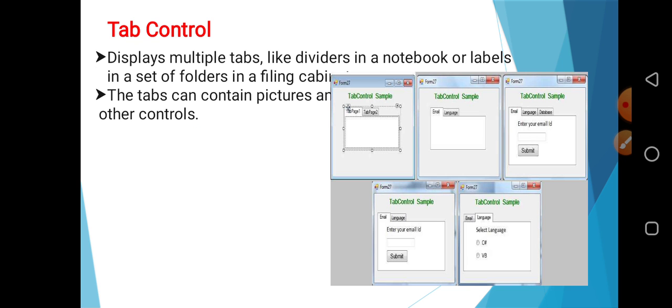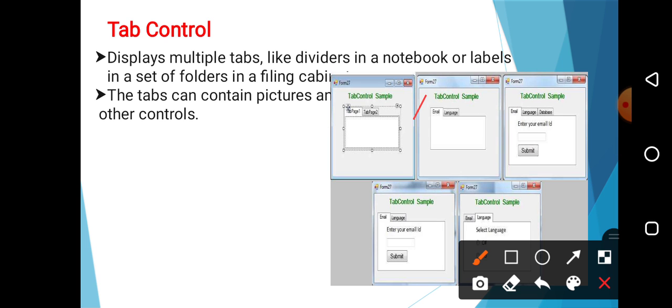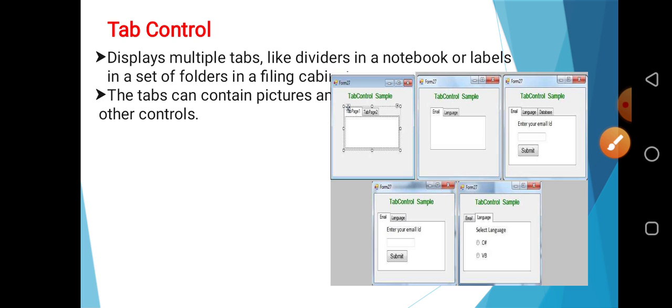The next one is a tab control. Students, have you ever seen such controls anywhere? The first tab shows one option, the second tab shows a different option. Sometimes you may find a situation where in one form we have different tabs, and after selecting a tab, different operations get performed.